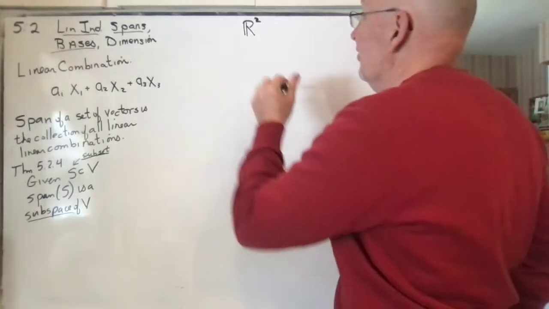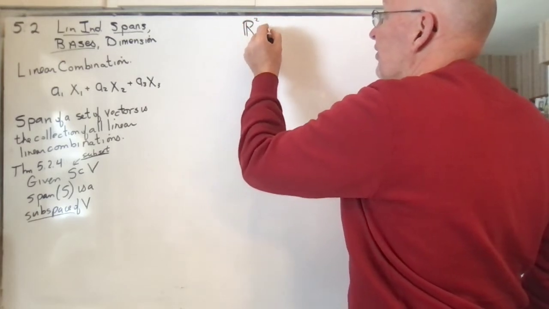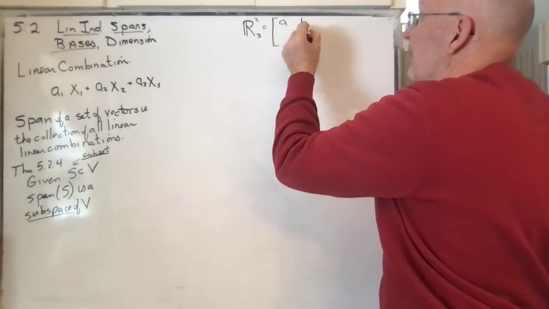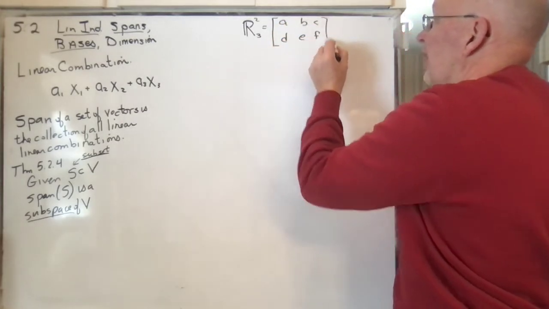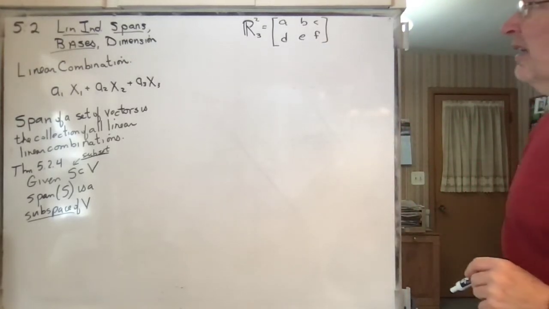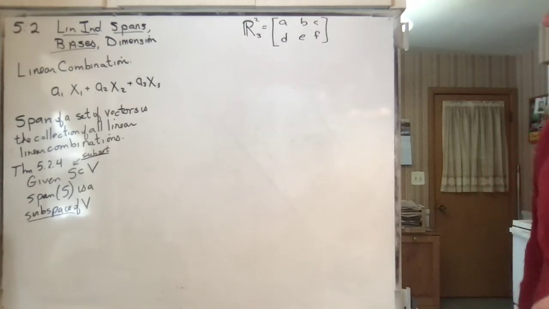Yeah, let's go back to 2 by 3 matrices again. It's all things of the form A, B, C, D, E, F. Okay? Can you find a subspace of degree 3 for this?